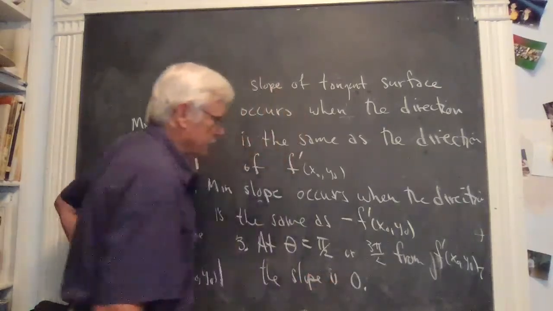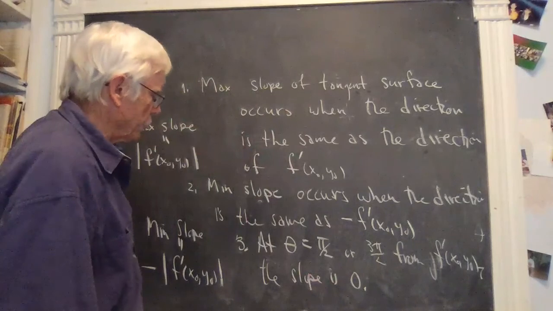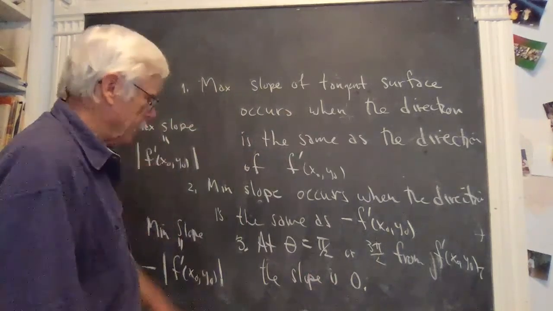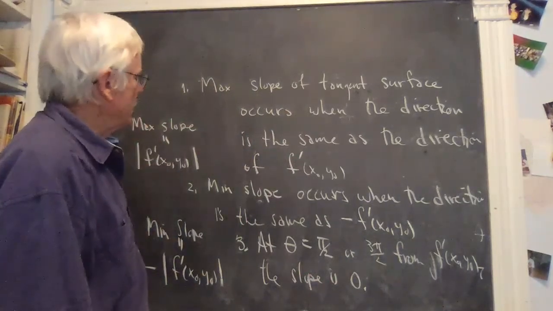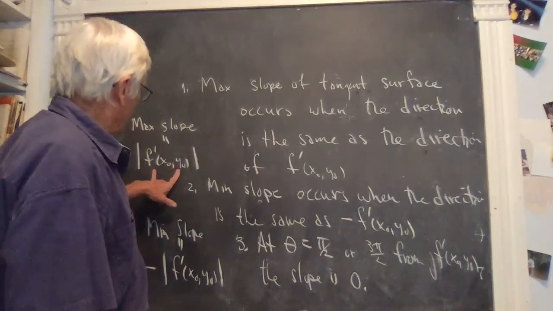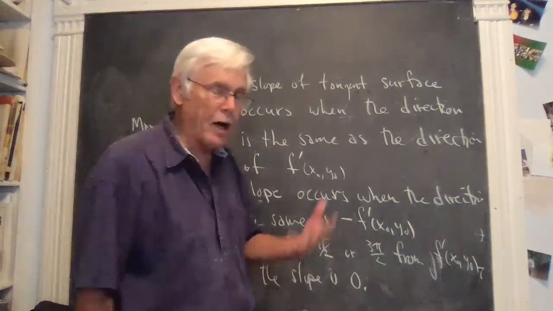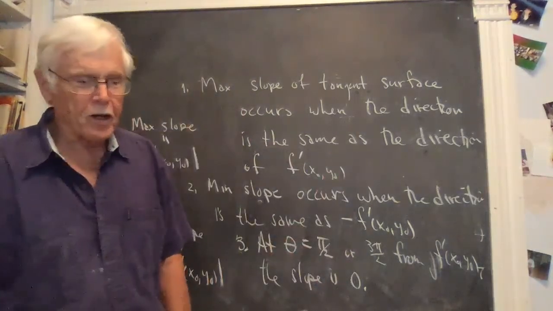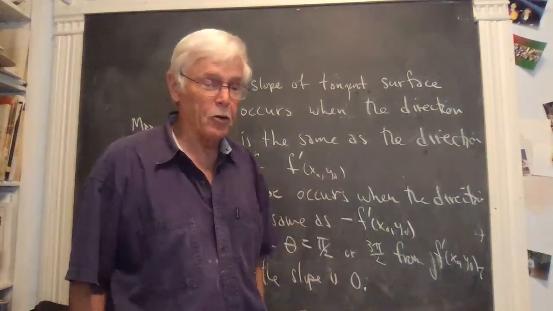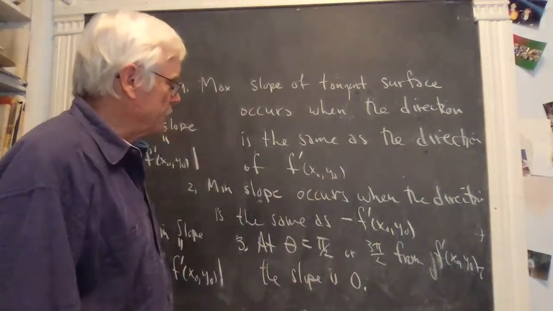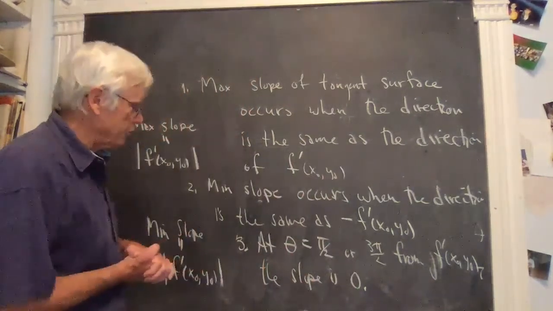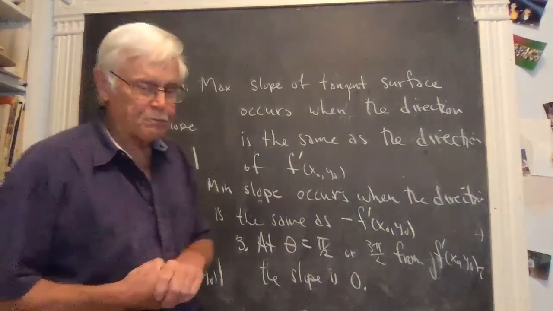And these are called the level directions. So for a given derivative here, it's easy to find directions that are perpendicular to it, and in those directions, the slope is 0.